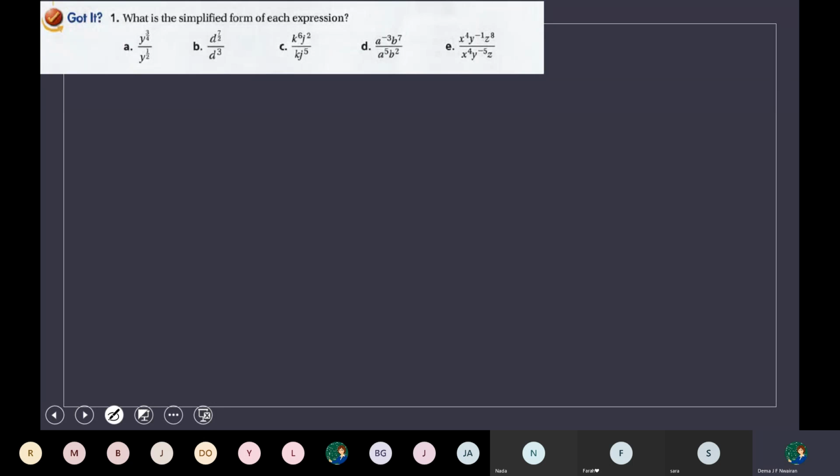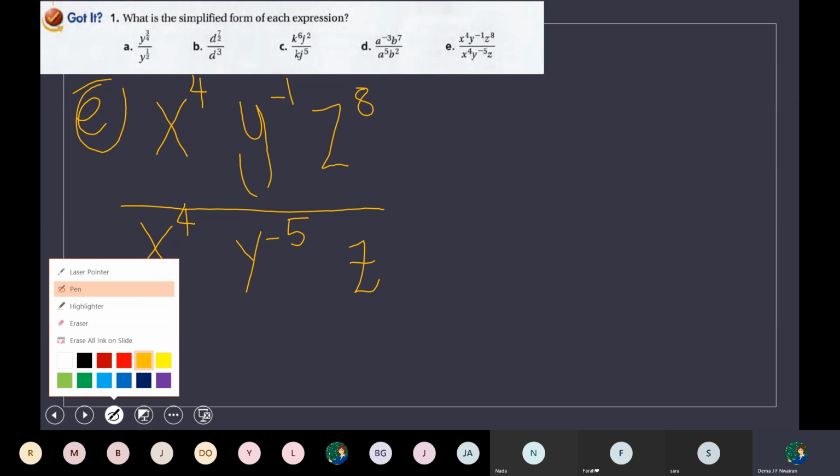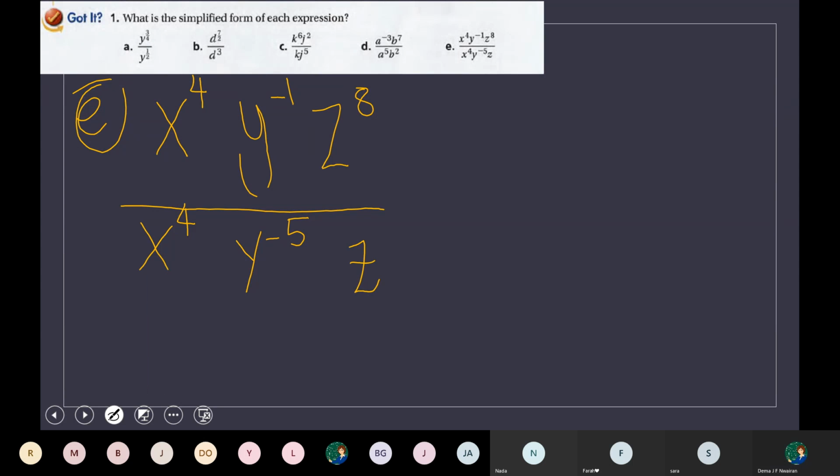Let's choose E. X raised to 4, Y raised to negative 1, and Z raised to 8 over X raised to 4, Y raised to negative 5, and Z. Then let's now regroup them.